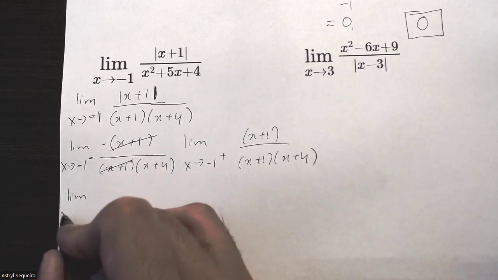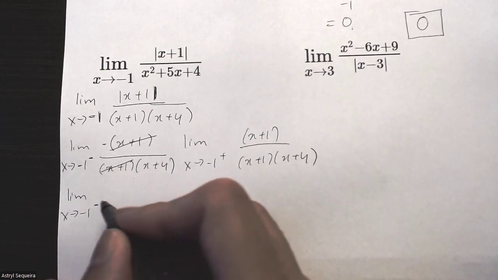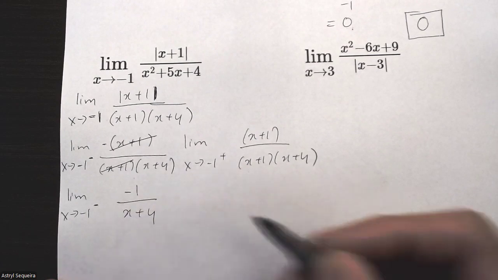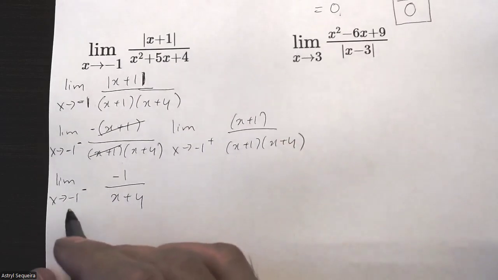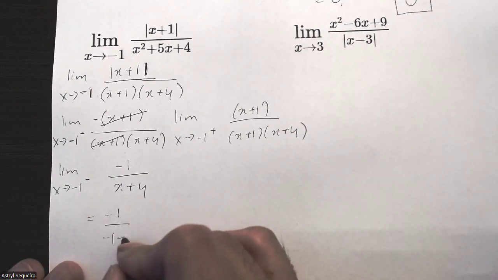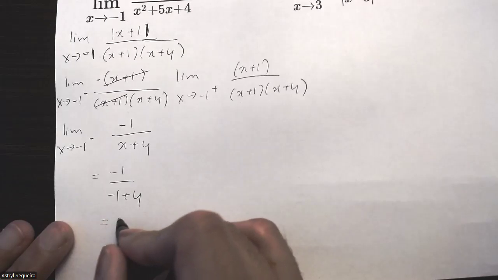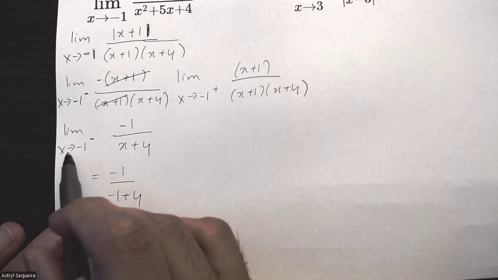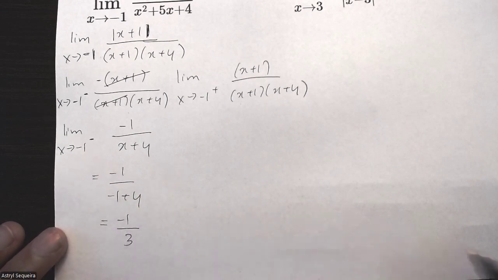It's left with lim x approaches -1 from the negative side, -1 over x plus 4. And then if I sub in -1 into this equation, I'll get -1 over -1 plus 4, which is just -1 over 3. So my left-sided limit is -1 over 3.